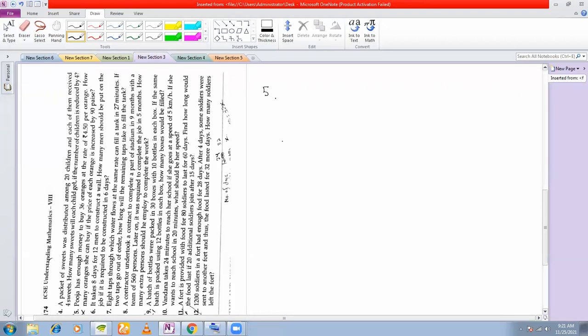How many oranges can she buy if the price of each orange is increased by 90 paisa? So what are the variables here? Price per orange and the number of oranges.